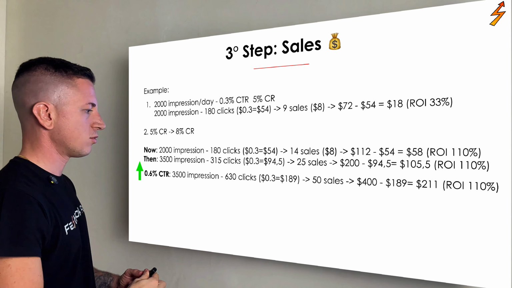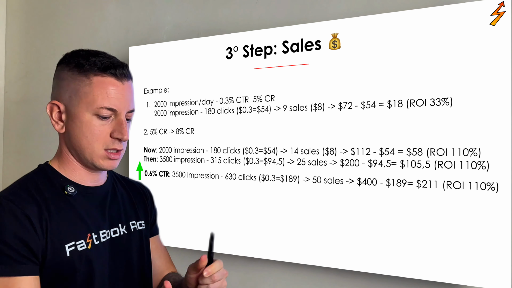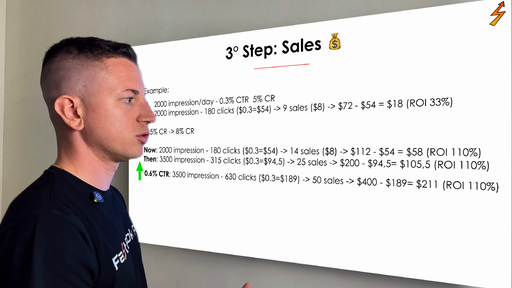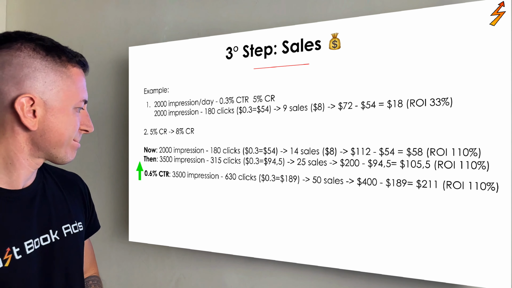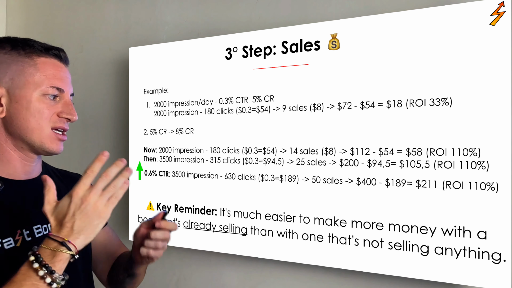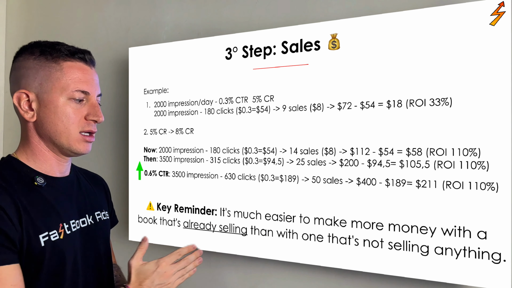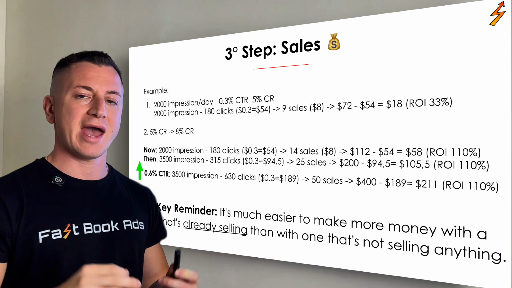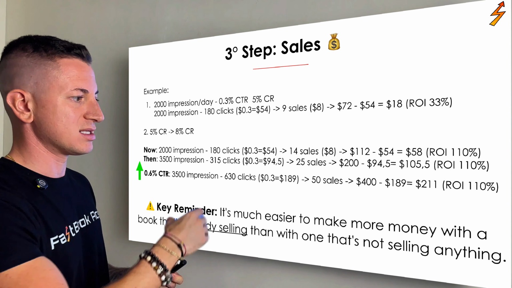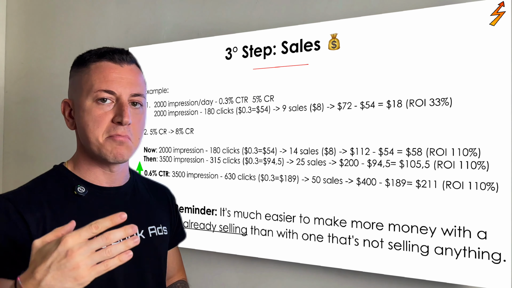Okay, so for example, what we have done here is change our cover and improve our description. Two little things, huge difference. And remember, this is very important. It's much easier to make more money with a book that's already selling than with one that's not selling anything. So the first book you have to analyze is the one in your bookshelf that is selling more.